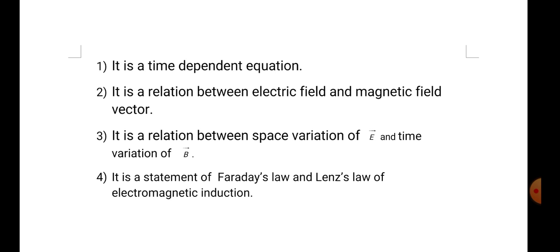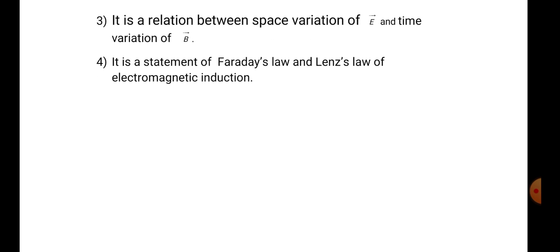It is the relation between the space variations of the electric field and the time variations of the magnetic field. Again, the fourth significance: it is the statement of Faraday's law and Lenz's law in electromagnetic induction.